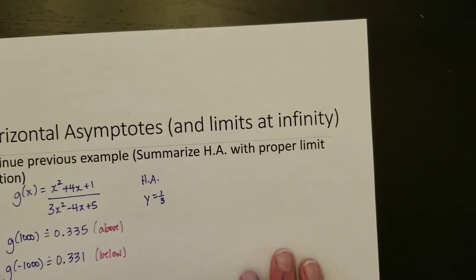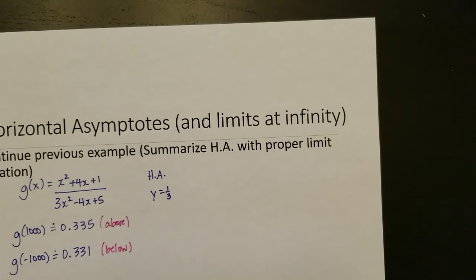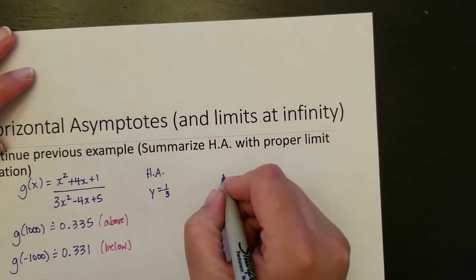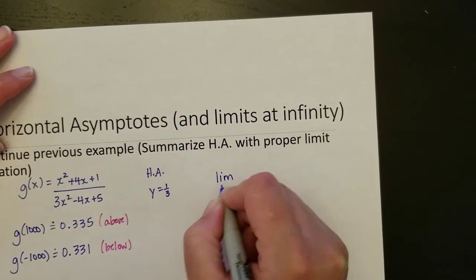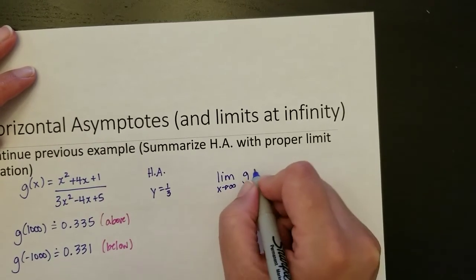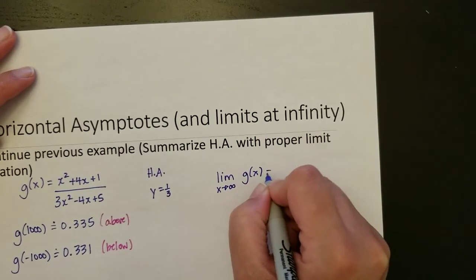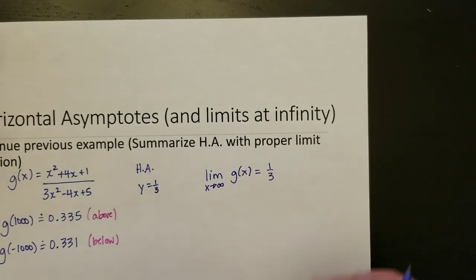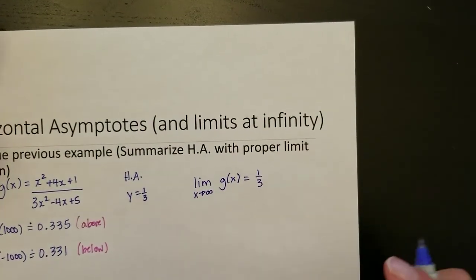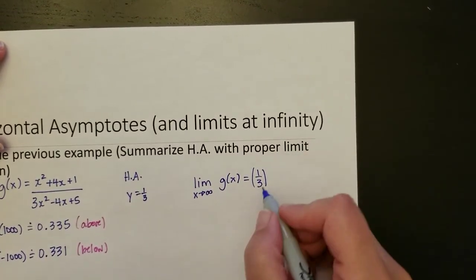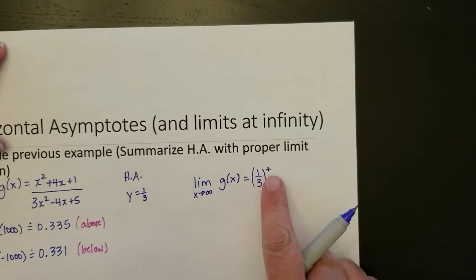So again, we're going to be summarizing each of these using appropriate limit notation. So I'm going to say this is the limit as x approaches infinity of g at x. This equals 1/3. Now this is a little bit kind of fuzzy notation, and I've seen this some places and I haven't seen it used others, but I like it, saying that this approaches 1/3 from above.